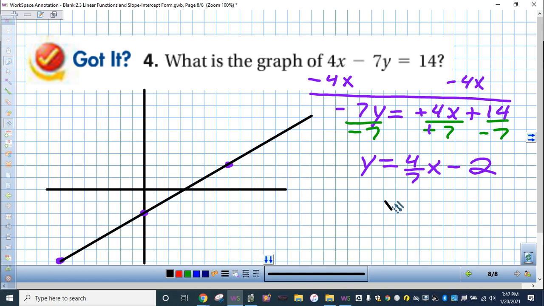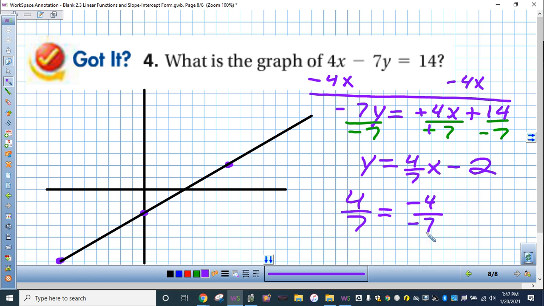Because 4 over 7 is the same thing as negative 4 over negative 7. So that's why I can also go down and to the left.